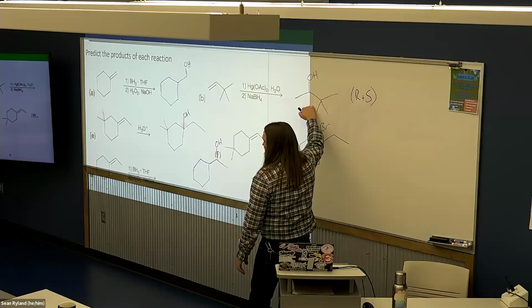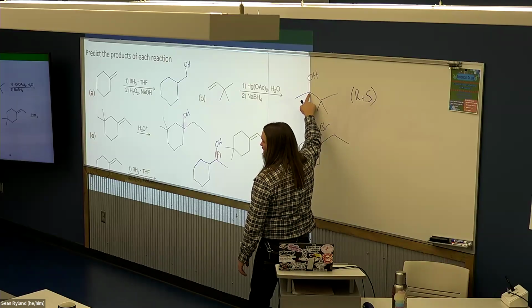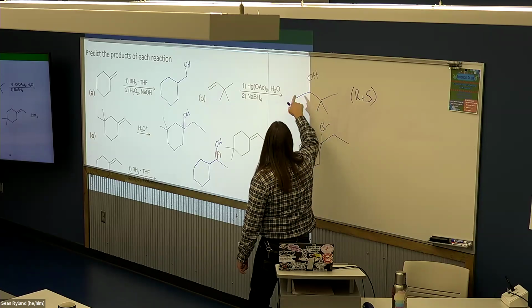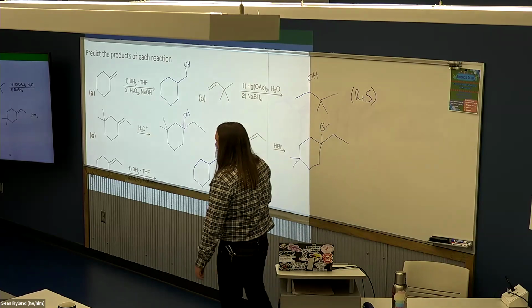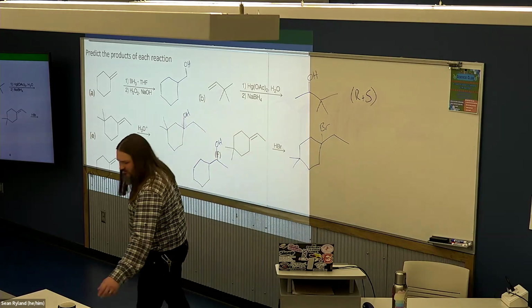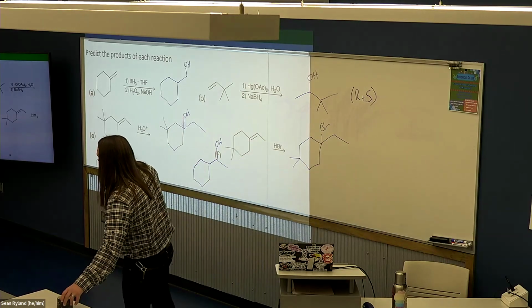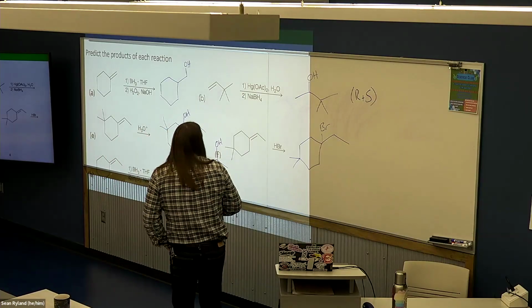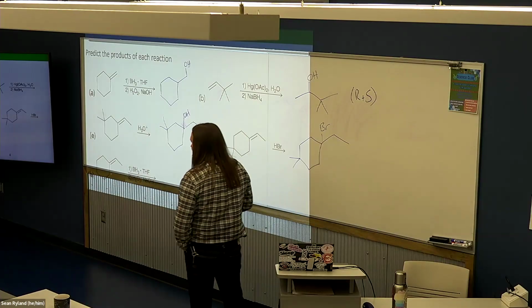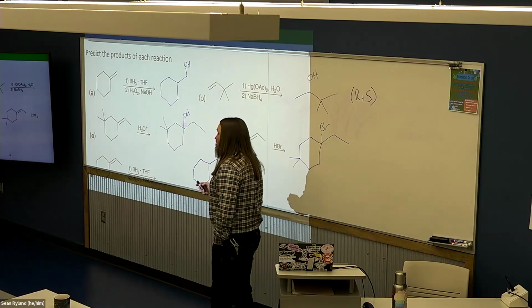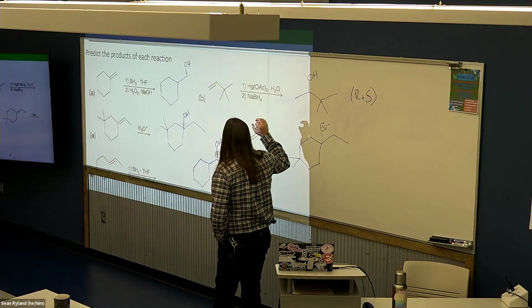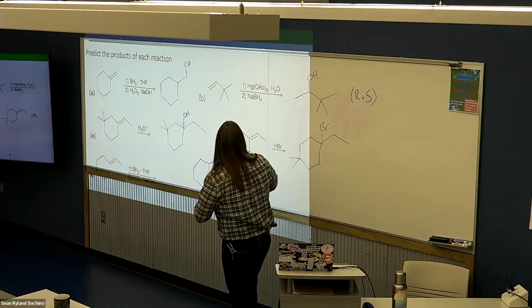Did we make a chiral center here? Right there, right? The other carbon is fine. We made a chiral center there. Is it going to favor one enantiomer over the other? Exactly. So just like with our SN1 reactions before, if it starts flat, we can attack from either side.